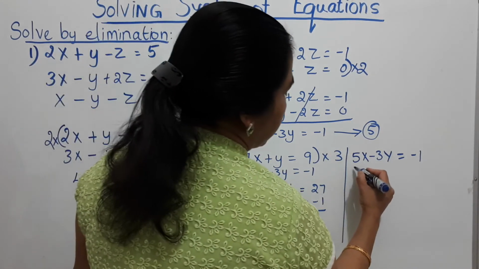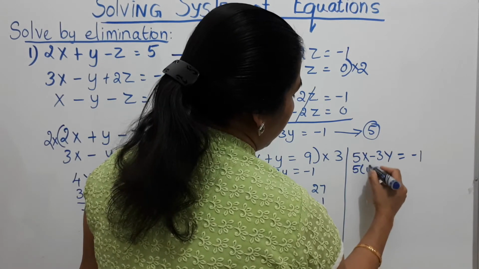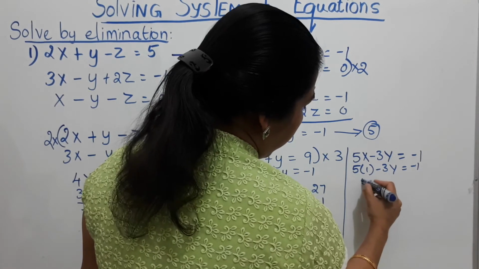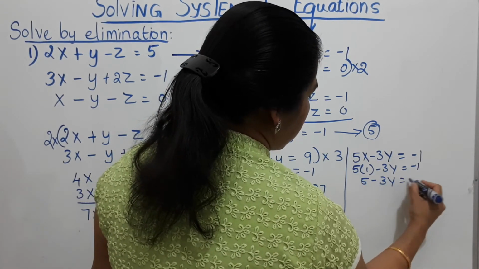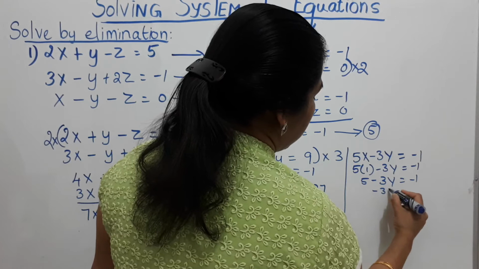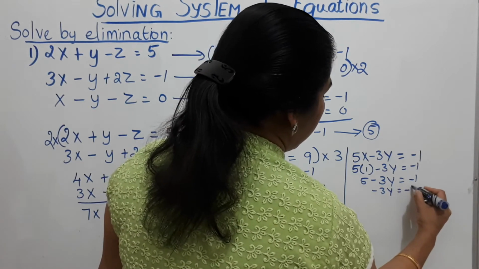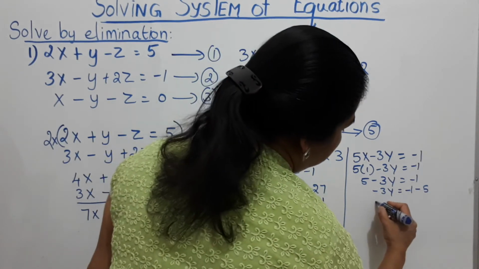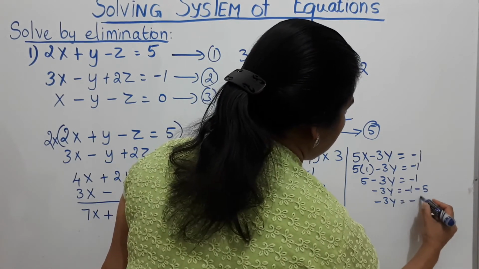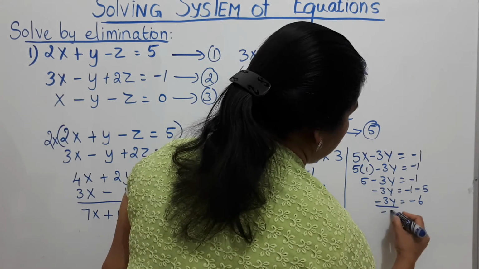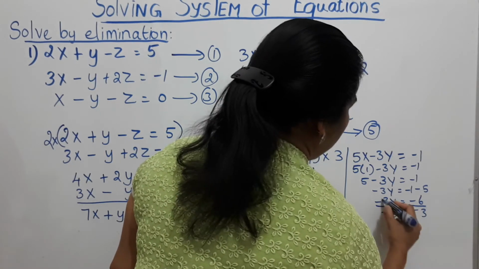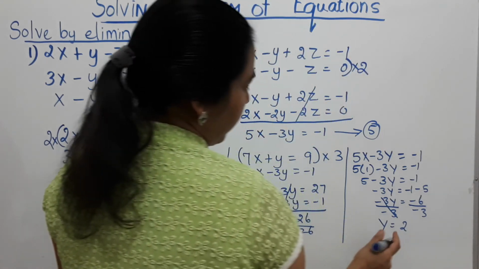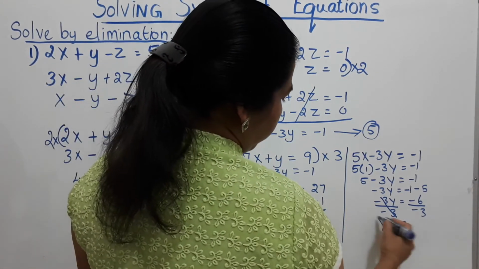So 5 times 1 minus 3y equals negative 1, so 5 minus 3y equals negative 1. Negative 3y equals negative 1 minus 5, so minus 3y equals negative 6. Dividing both sides by minus 3, y equals 2.